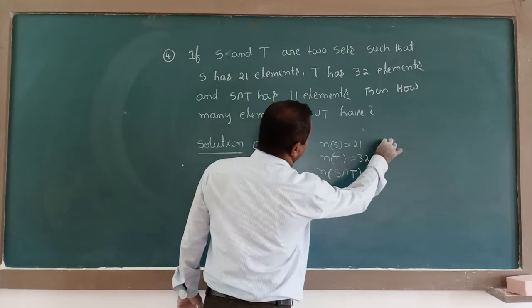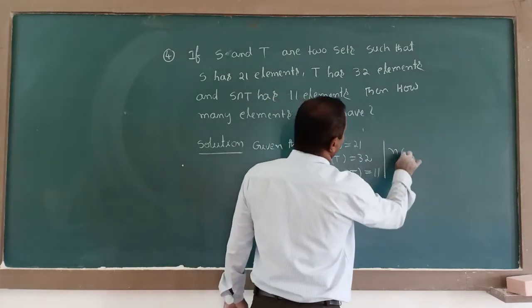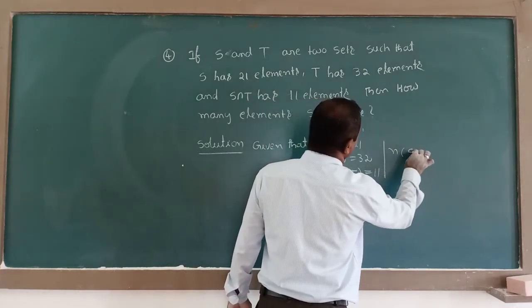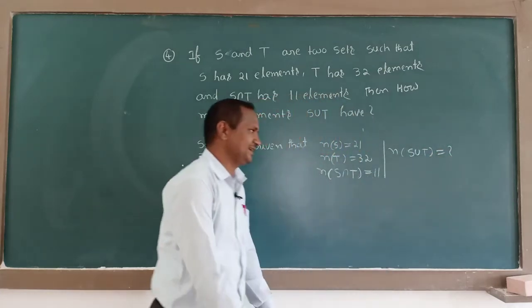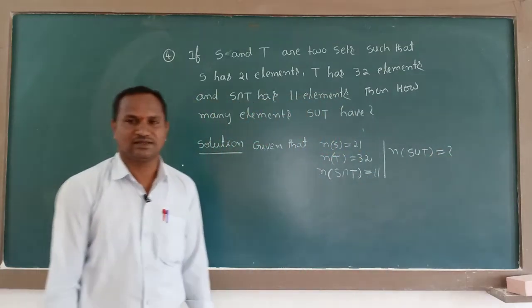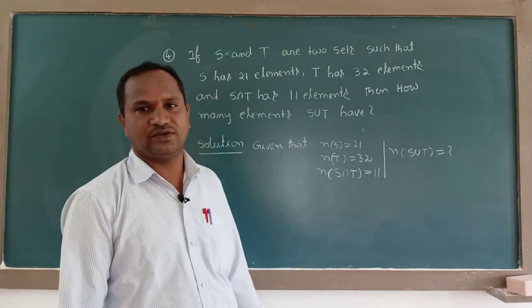But how many elements are they asking? n of S union T is the question mark. Here you have to apply the same union formula.